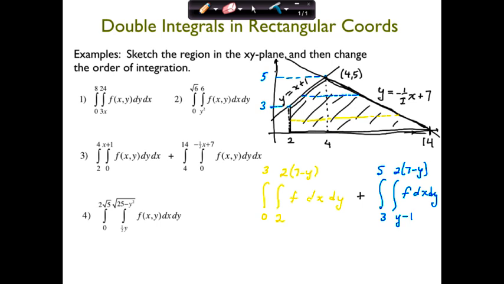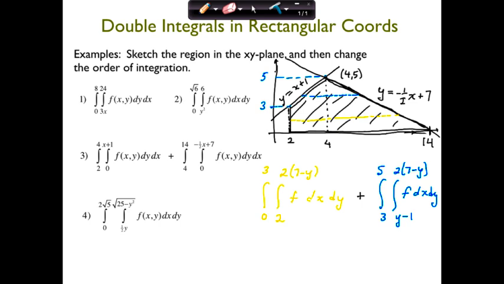I split mine at x equals 4. Then you'd have to write 3 integrals. You don't need to, but you'd have to write from here to here, then from here to here, and then from here to there.